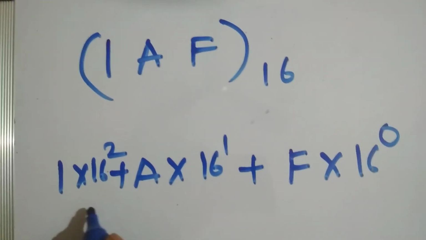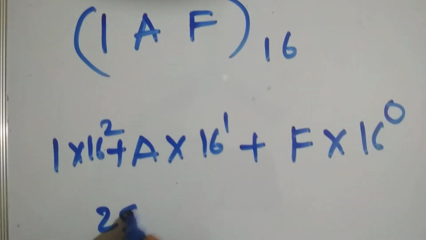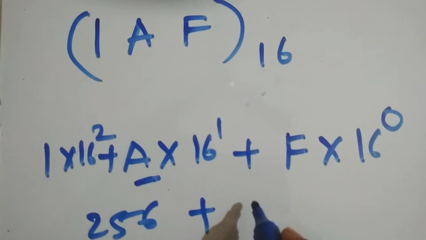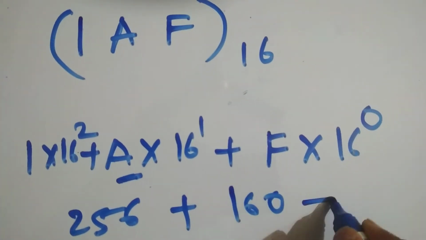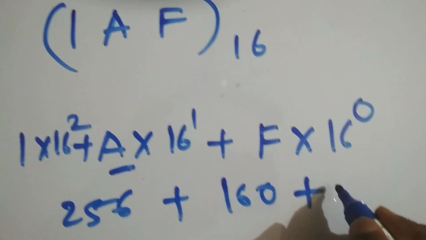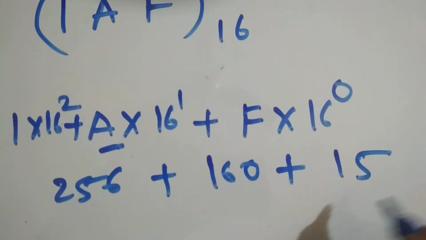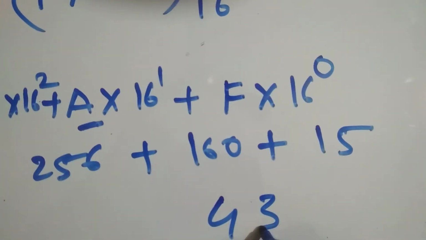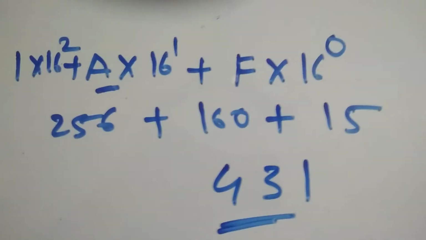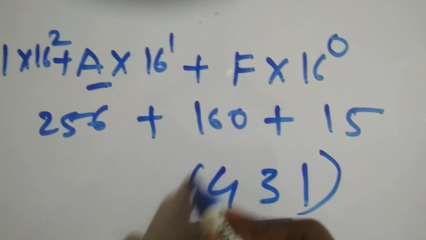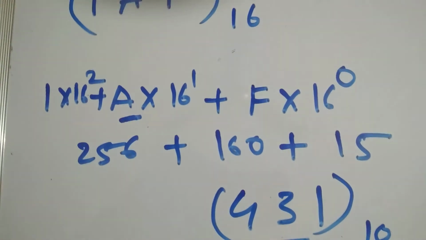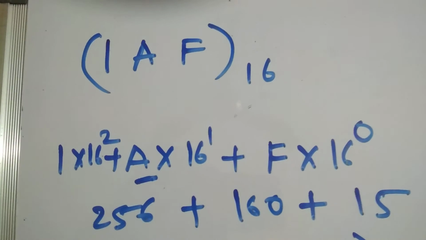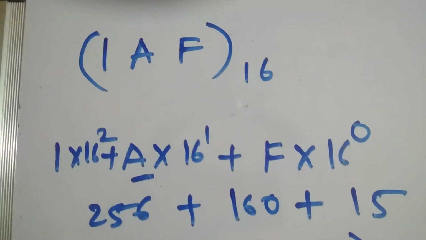What's the value of 16 square? 256. Plus A, what is the value of A? It's 10. 16 into 10 is 160, plus F. What's the value of F? 15. So combine this: 256 plus 160 plus 15 is 431. 431 in what? In decimal, and the original value is in hexadecimal. So this is how you get a value from hexadecimal to decimal.